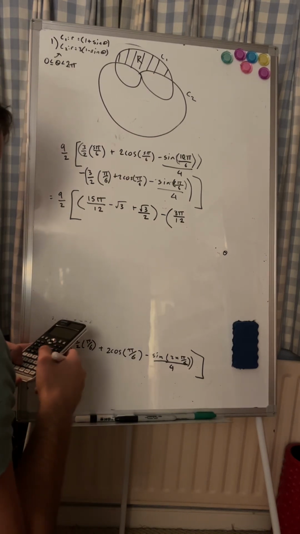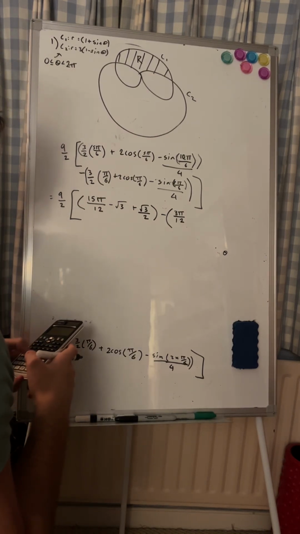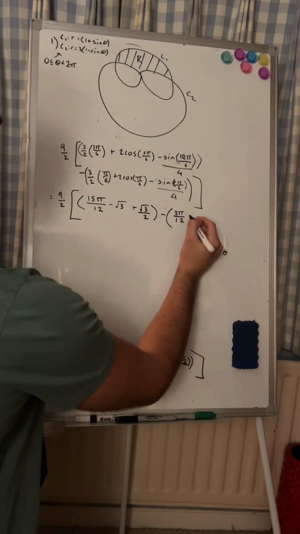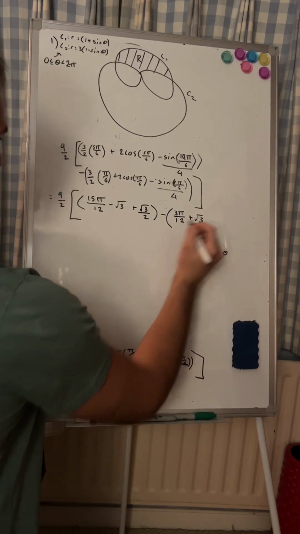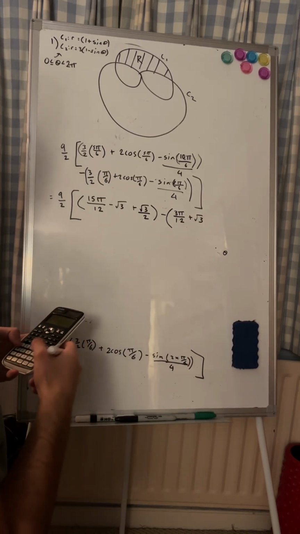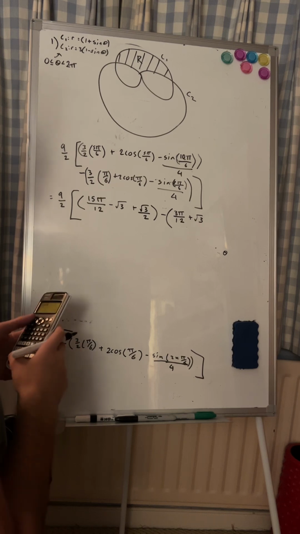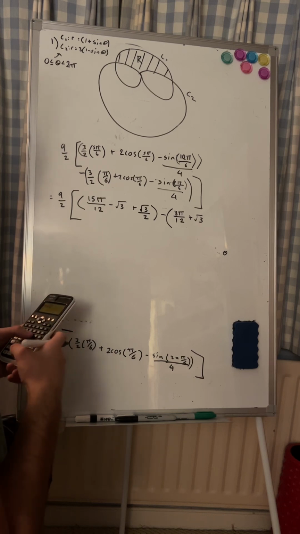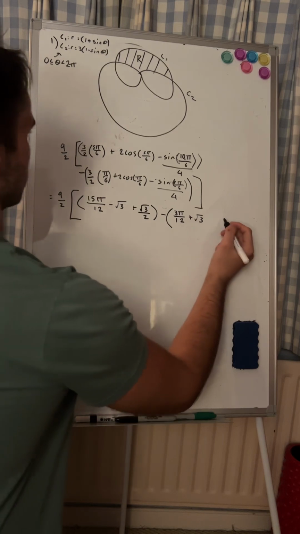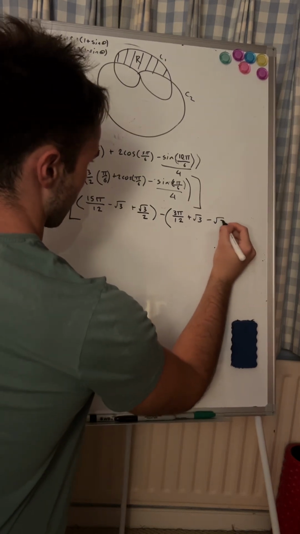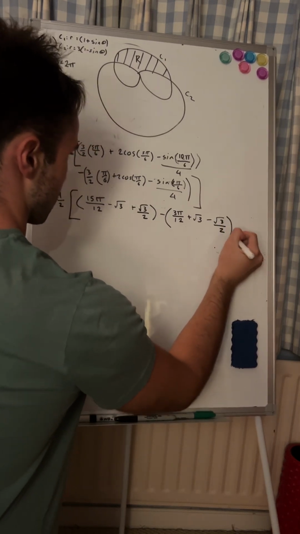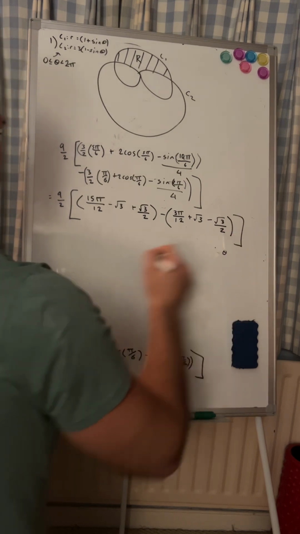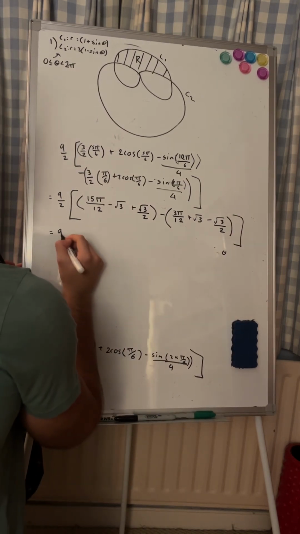2 cos pi over 6 is root 3. And then minus sine 2 pi over 6, pi over 3, is minus root 3 over 2. Wow, look at this. We're making progress.